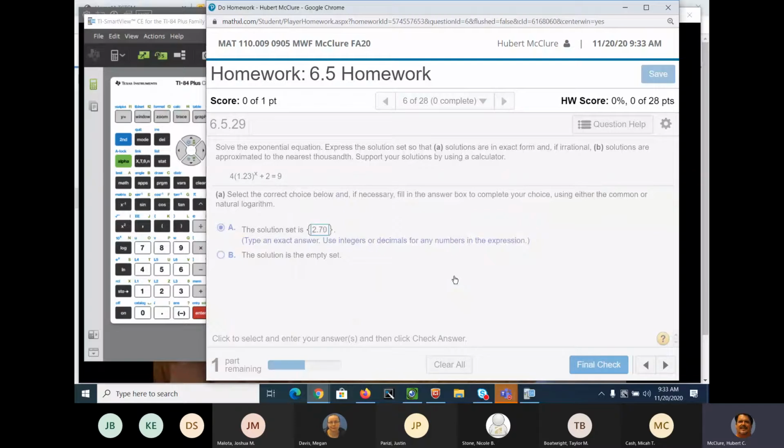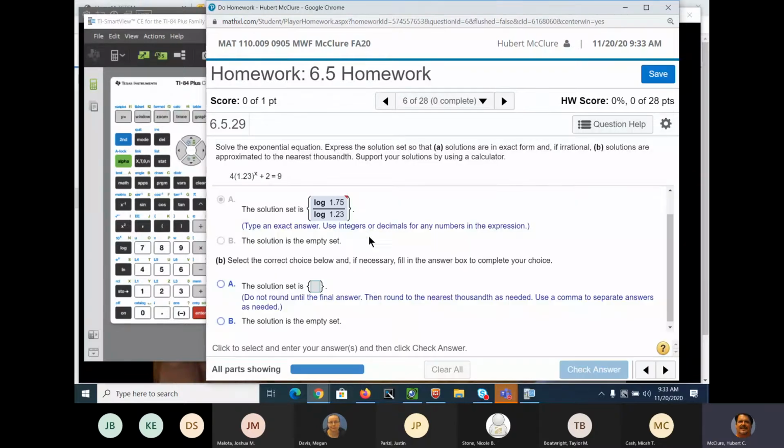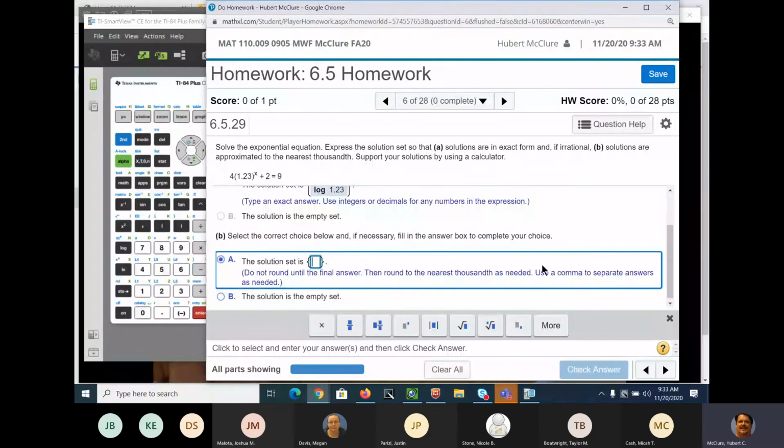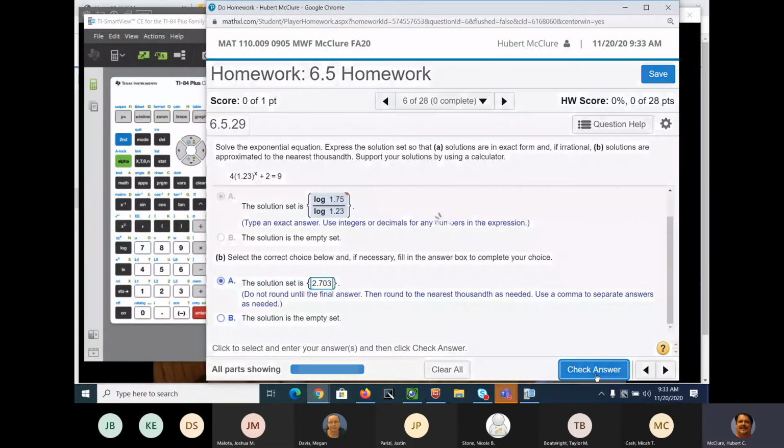So that's a homework question. Okay. So maybe now they want the answer. Round to the nearest thousandth. Okay. Now they want the answer. 2.703. There we go.